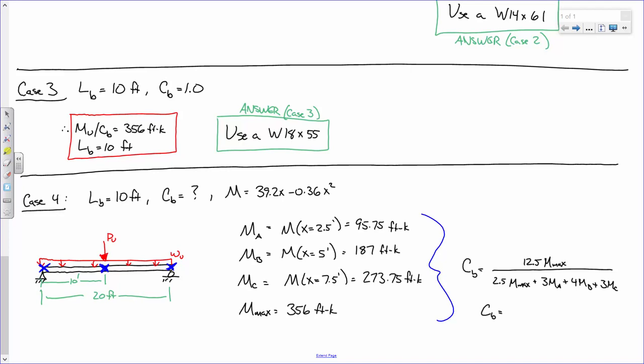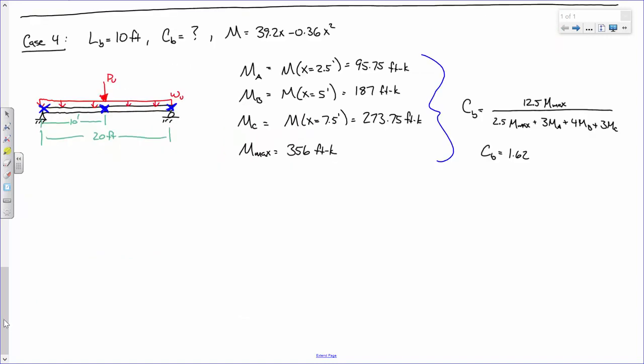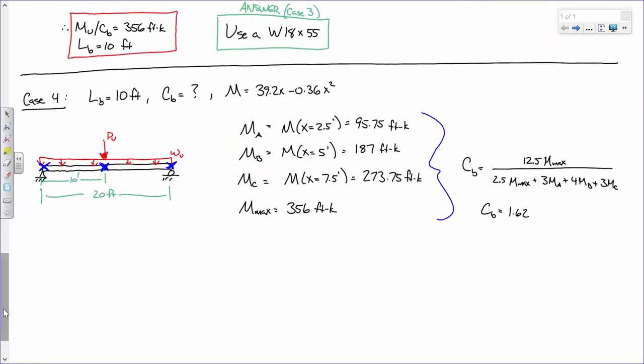Anybody got me an answer for C sub B here? 1.62. Do I have a second on that value? All right. Now, here's what's going to happen. I want to calculate MU over CB. LB is 10 feet. So somebody give me MU over CB.